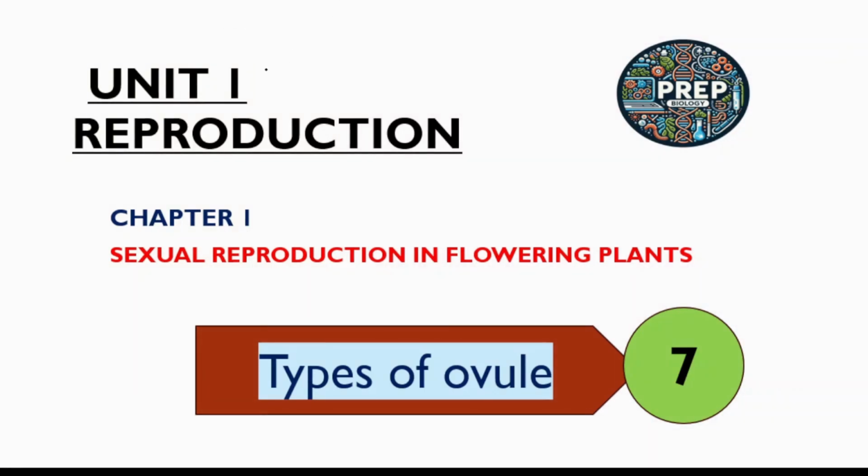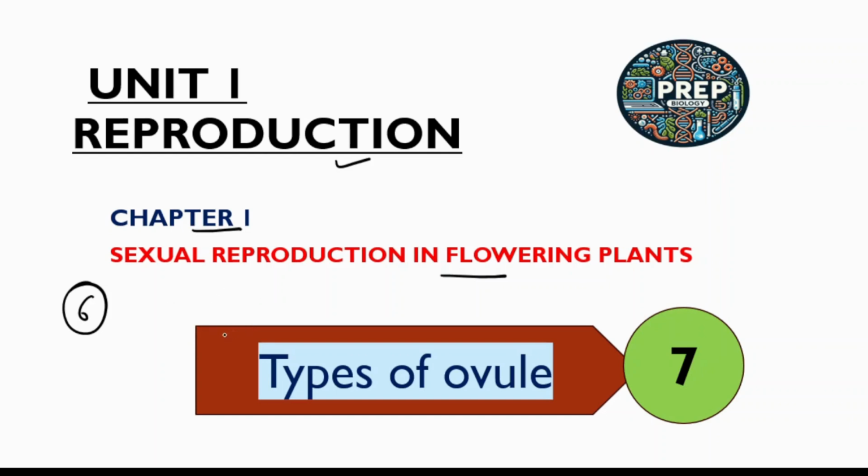So we have started unit 1 of class 12th biology, that is reproduction, and we have started chapter number 1, that is sexual reproduction in flowering plants. We already have covered the 6 lectures of this series. If you want to see the previous classes of this series, please check out the links in the description box.